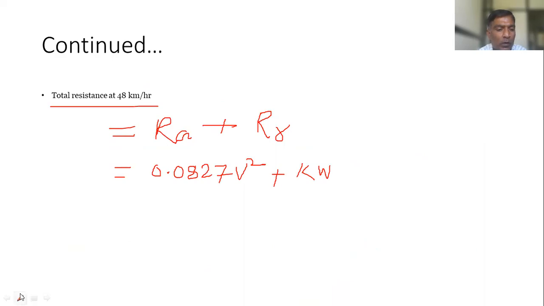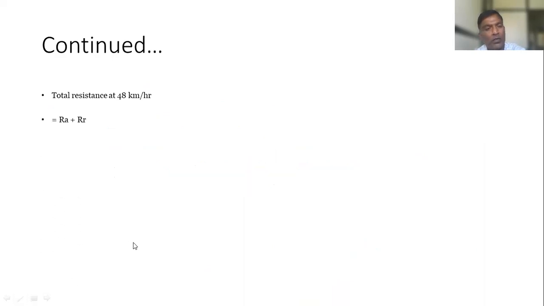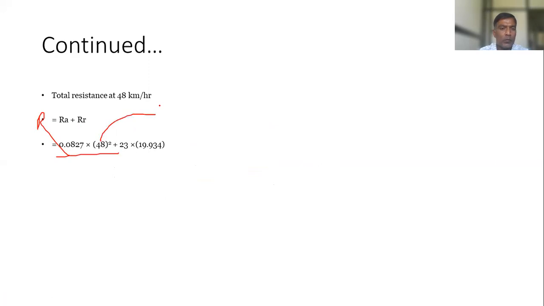So write down this is equal to, here you can add, R is equal to RA plus RR. This 48, there is confusion here because, so 48, that's why we have taken here 48 plus 23.